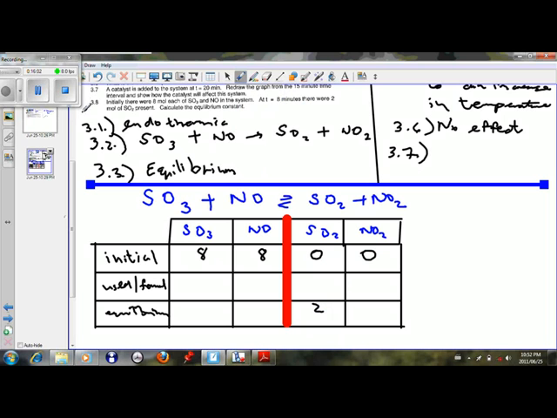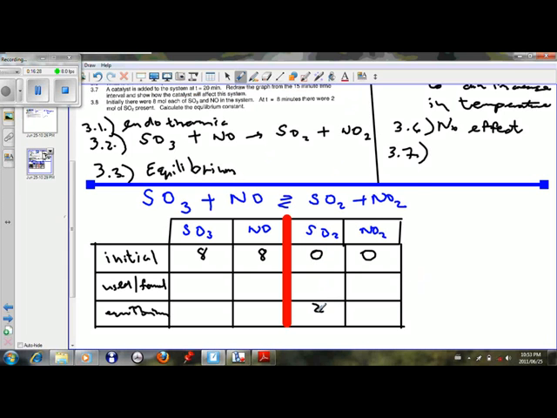Now this is quite interesting, and this will test whether you knew the section related to the table method we did in the past. So what do we do next? If we look here, we see that because 2 moles of SO2 are present at equilibrium, we have to work with this. Initially there was no SO2 in the reaction vessel.